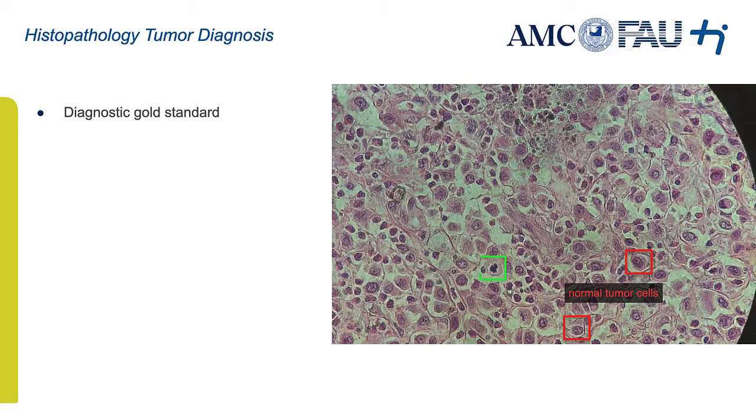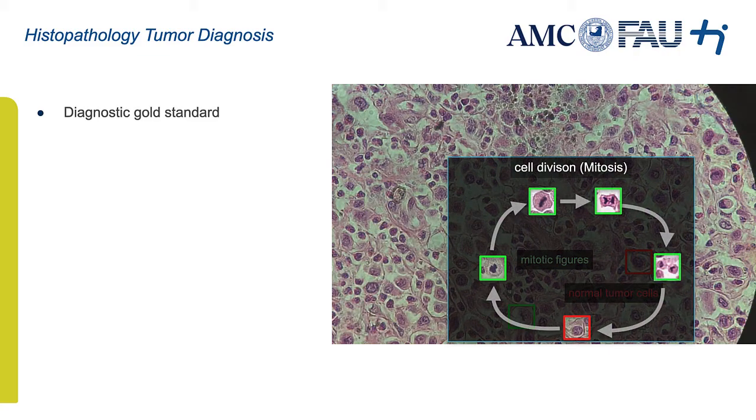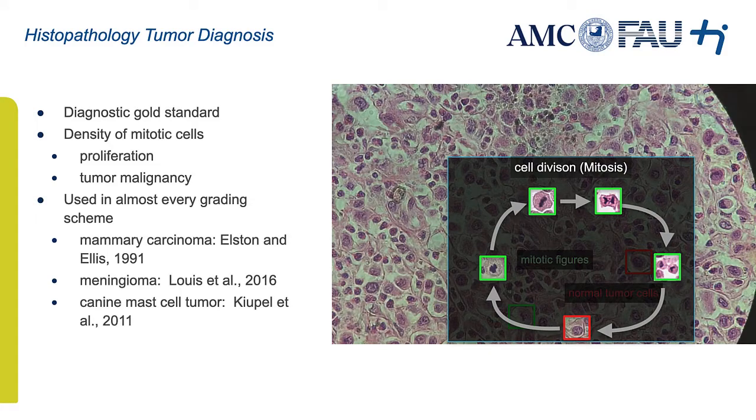When the tissue was prepared and thus all cellular processes halted, some of the cells were just undergoing cell division. We call these cells mitotic figures. It is well known that the rate at which mitotic figures are present is related to tumor growth and thereby tumor malignancy. This explains why the count of mitotic figures per area is also a decisive factor in many grading schemes.